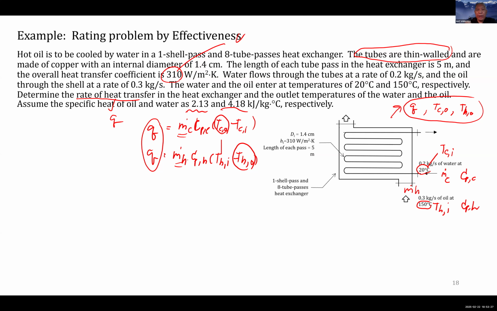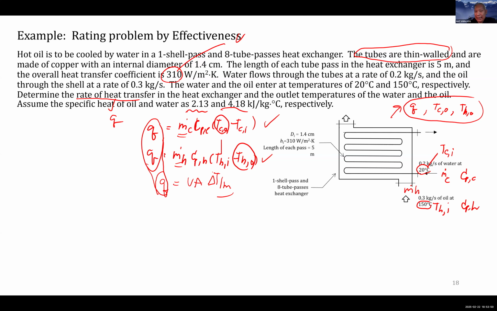Okay? If you introduce the third equation, Q equals UA multiplied by the log mean temperature difference, then one unknown is Q, the second unknown is TCO, and the third unknown is THO.